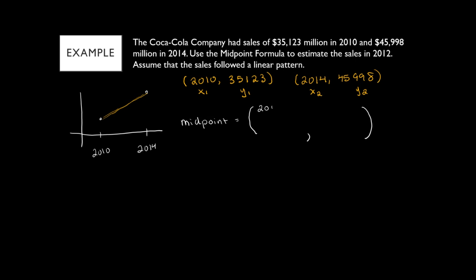So my x values, it's just averaging them. So 2010 plus 2014 divided by 2. And then I did not leave myself enough room here because these are much bigger numbers. So I'm adding my y values up and dividing them by 2.